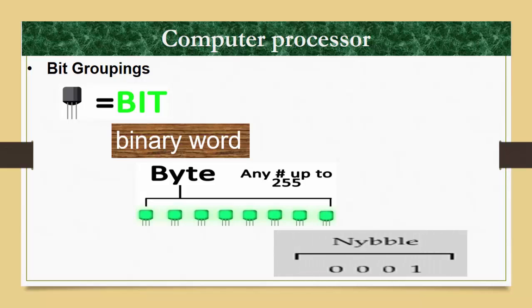Okay, the next one, students, the nibble. It's also important. What's a nibble, students? Have you heard the name nibble yet? A nibble is a 4-bit binary word. It holds the binary equivalent of the decimal values 0 to 15.